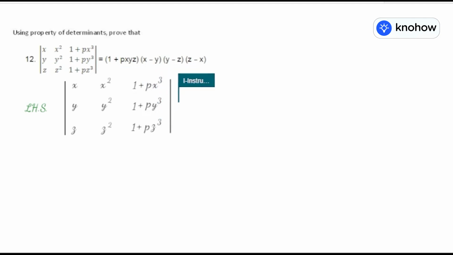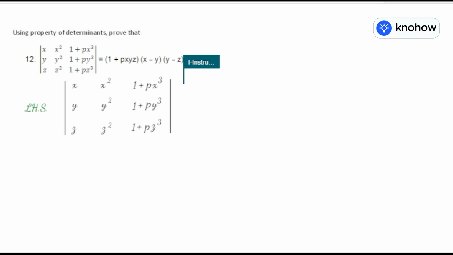Now first of all, we should rewrite it as a sum of two determinants. Column 1 and column 2 we will keep as such, and by using the property of determinants, since the elements of column 3 are sums of two elements, we can separately write it as a sum of two determinants.